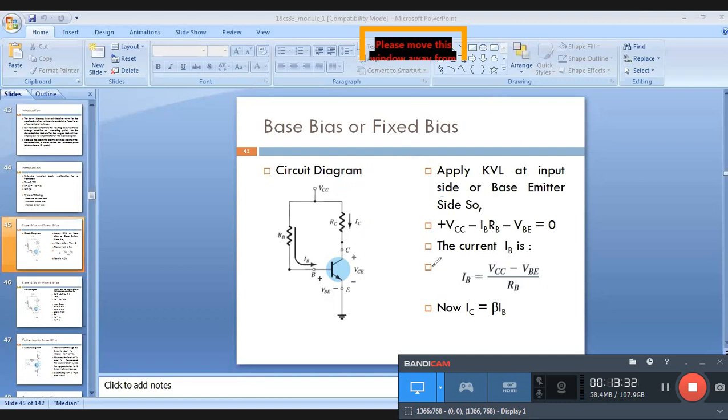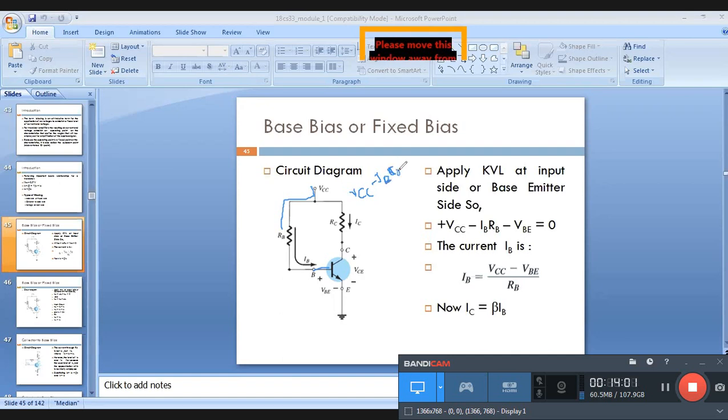See here, I will apply it only to the base terminal: VCC minus IB into RB. Don't consider the transistor values. Now you can write VCC minus IB into RB.